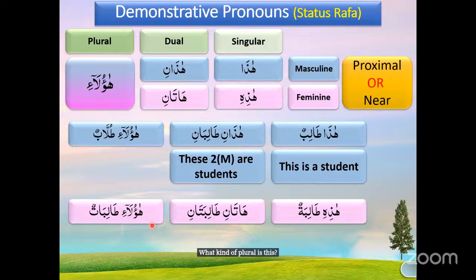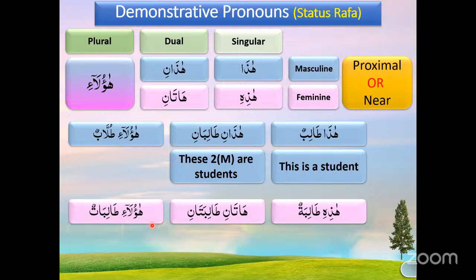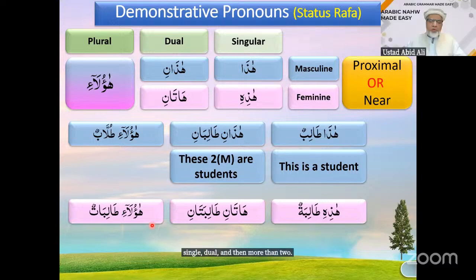It's male. Okay, can you tell me how many kinds of plural we have? Plurals are like single, dual, and then more than two. No, that is the number, right? But I'm saying in Arabic there are plurals, right? How many kinds of plurals do we have?